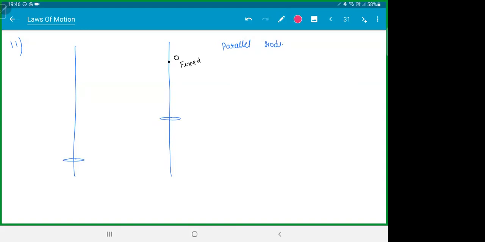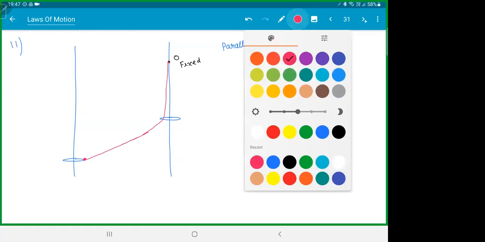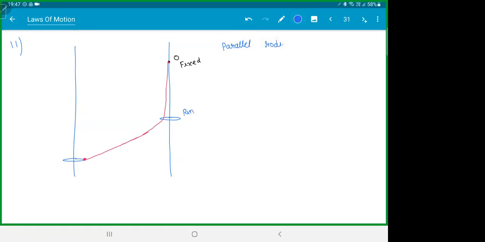Then you took a string connected from here, passing through this ring, and it is attached here. This is ring A, which is going down with a constant speed u. This is ring B, which is going up with some speed Vb, which I don't know.